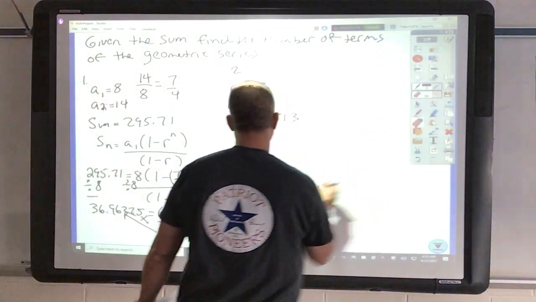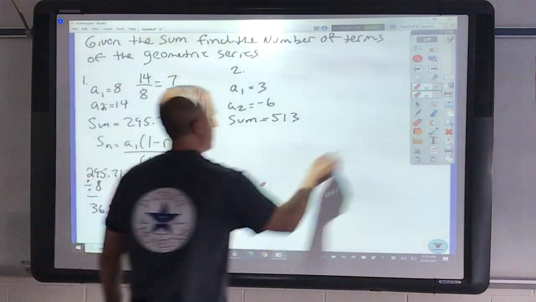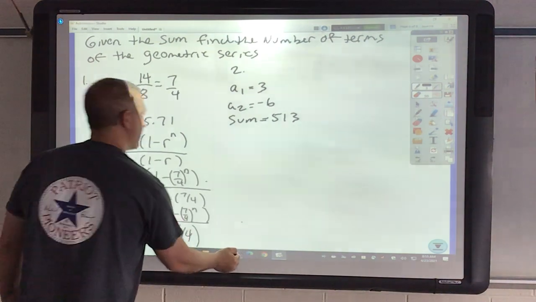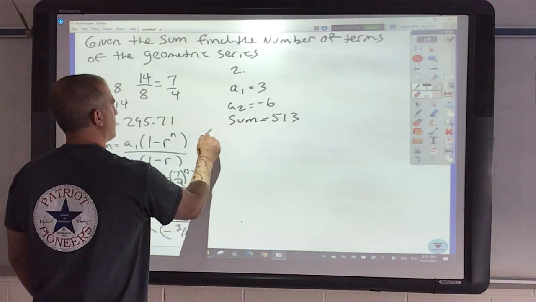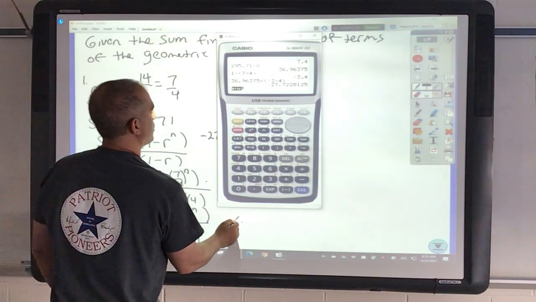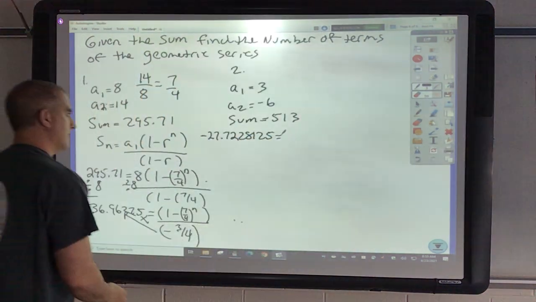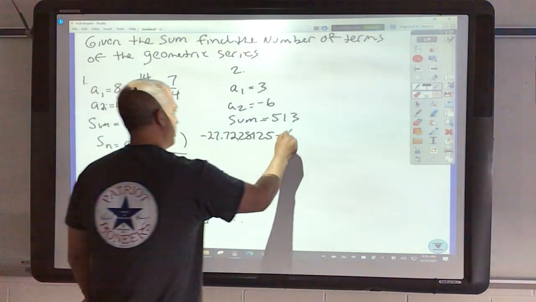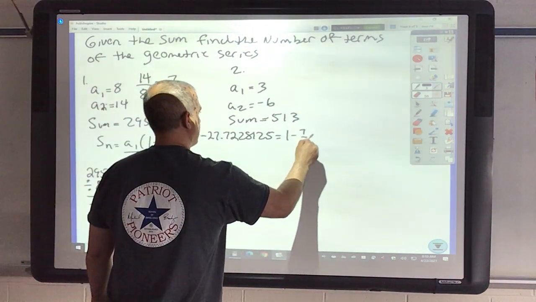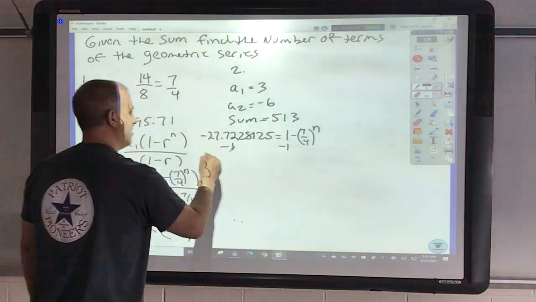Let me move this up here. I should have written that way up there. So I got -27.728125 equaling 1 minus 7/4 to the n power. Now, all I'm going to do is subtract a 1.